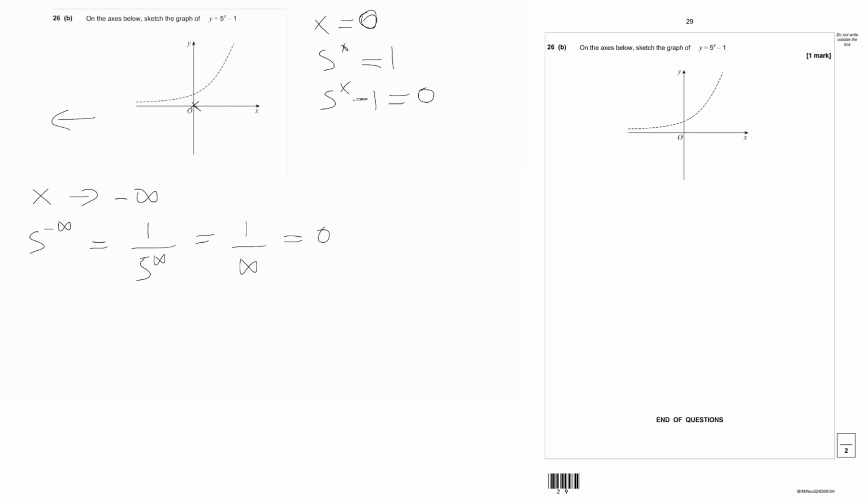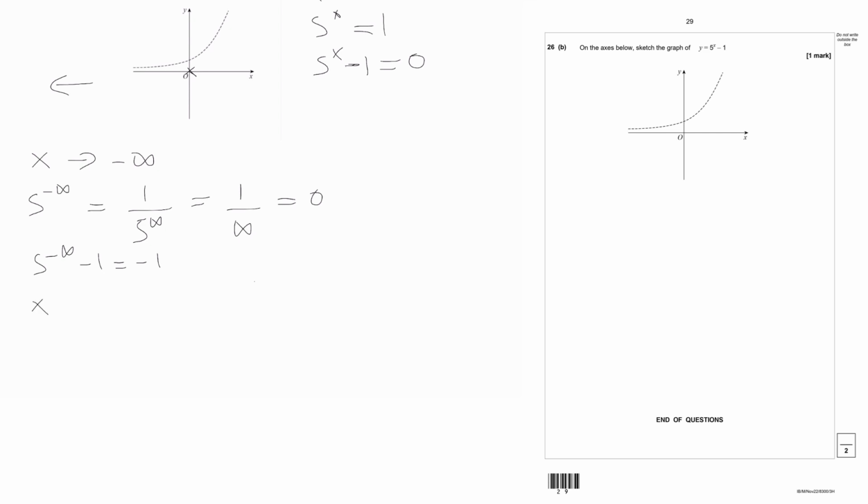But in the case that we have 5 to the power of x minus 1, so we have 5 to the power of minus infinity minus 1, then y is going to tend to -1. And in the case that x tends to infinity, then we have 5 to the power of infinity equals infinity.